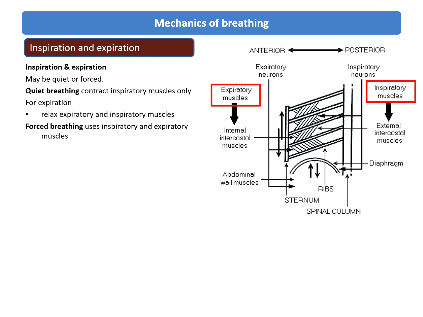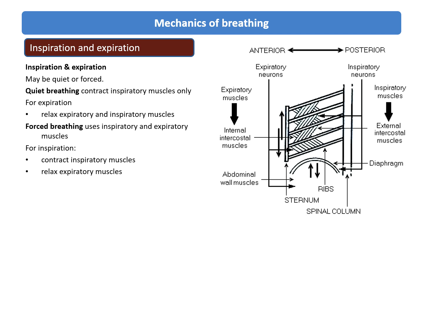In forced breathing, on the other hand, inspiratory and expiratory muscles are involved. For inspiration, the inspiratory muscles are contracted, the expiratory muscles are relaxed. For expiration, the expiratory muscles contract and the inspiratory muscles relax.